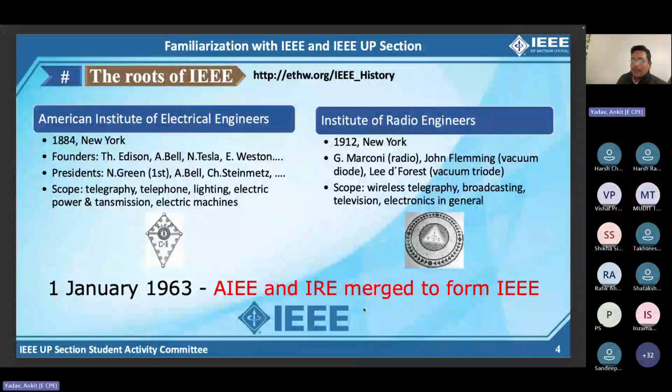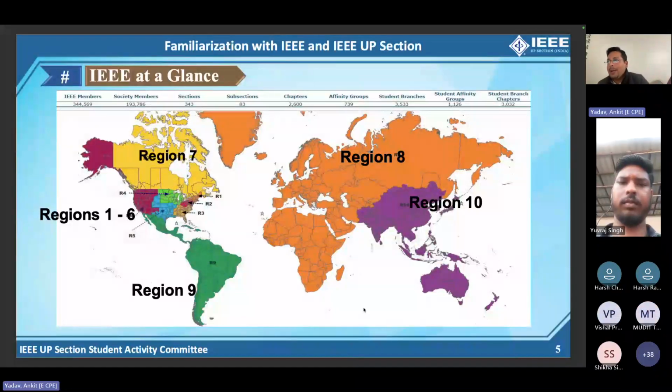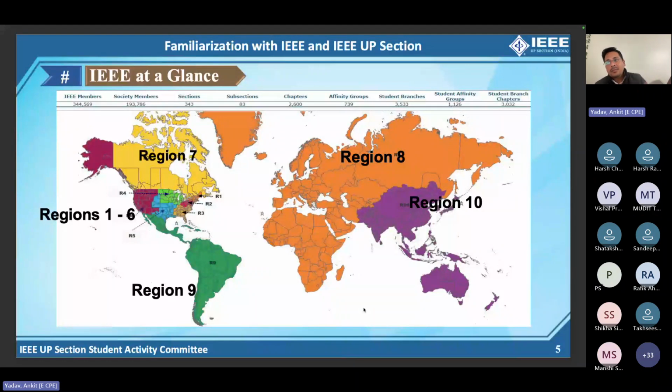When you see the IEEE map, since starting in 1963, and even going back to 1884 and 1912, today we have IEEE across the globe. It is divided into 10 regions. Of course, it started from the US, so initial regions 1 to 6 are in the US, and then Canada became region 7. Later on, Europe and Africa became region 8, Latin America became region 9, and at the end, our Asia Pacific region became region 10.